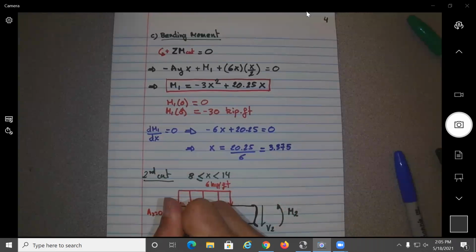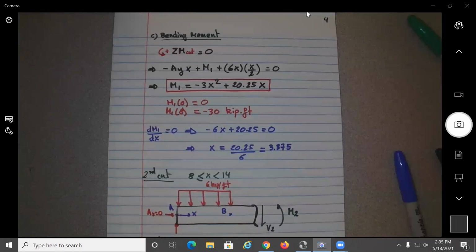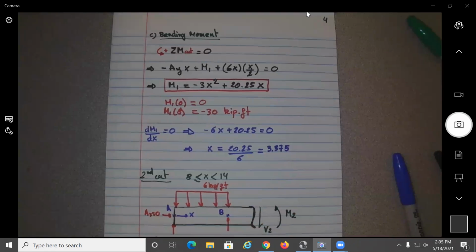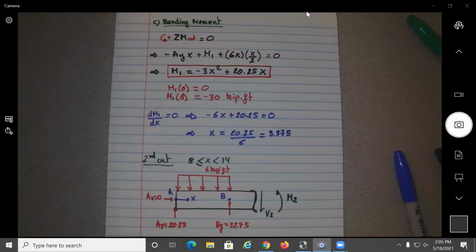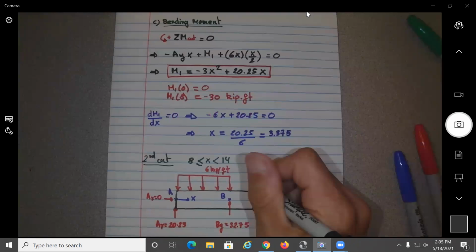AY is 20.25. Then what did we know as well? BY here was equal to, let's see, 32.75. And this is here the second cut.